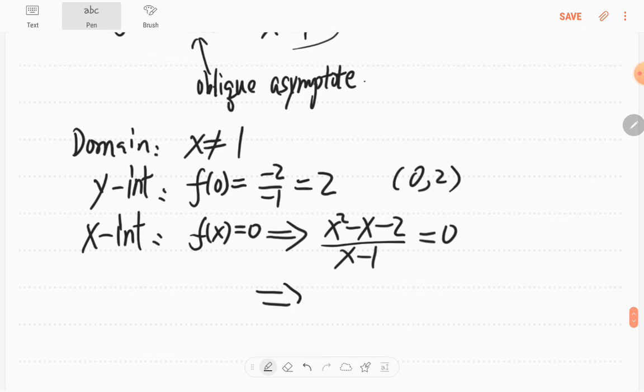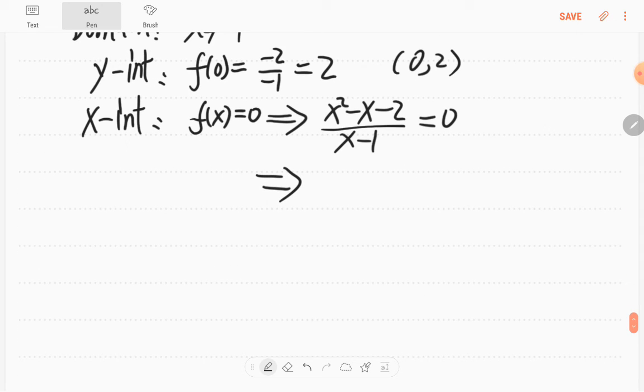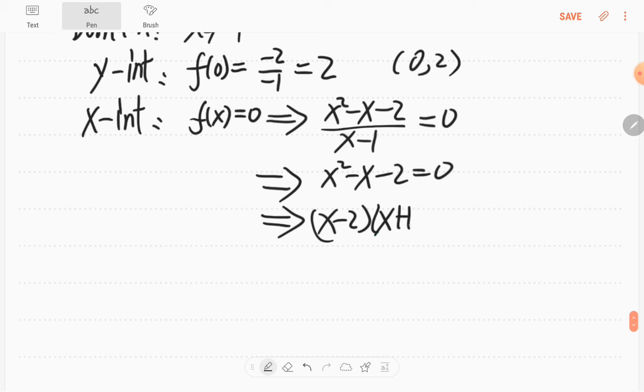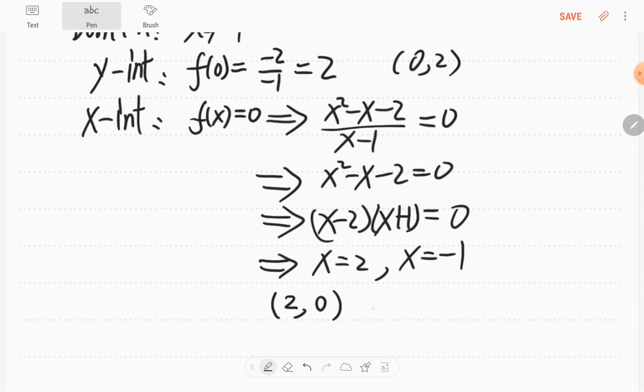So the numerator is 0. We cannot simplify: the numerator x squared minus x minus 2 equals 0 factors as x minus 2 times x plus 1, with no common factors. So x equals 2 or x equals negative 1. The x-intercepts are 2, 0 and negative 1, 0.